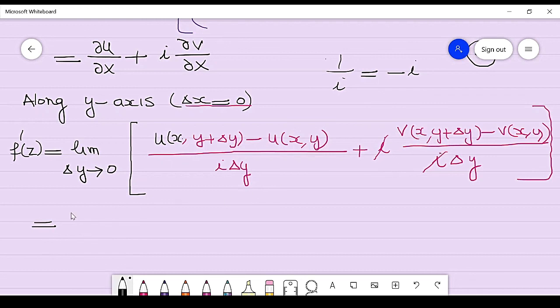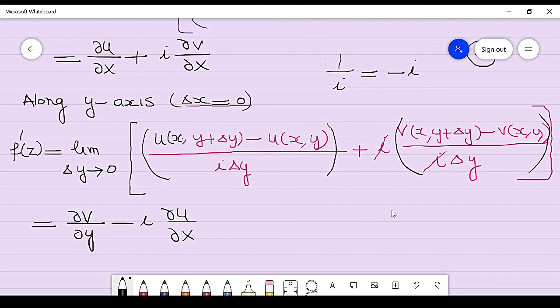It is curly v by curly y when we take the limit. And this term is minus iota curly u by curly y, which is equation number 4.